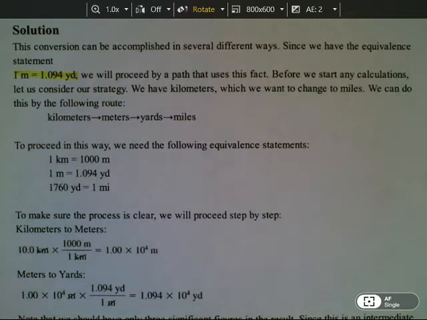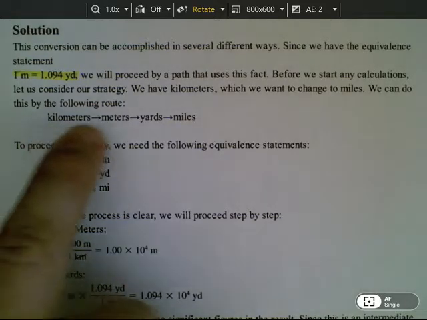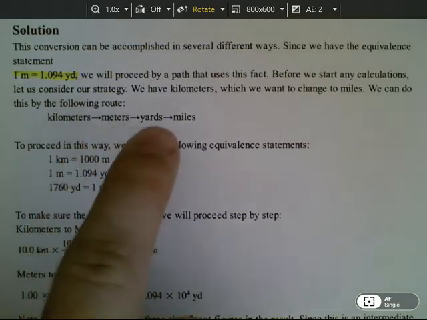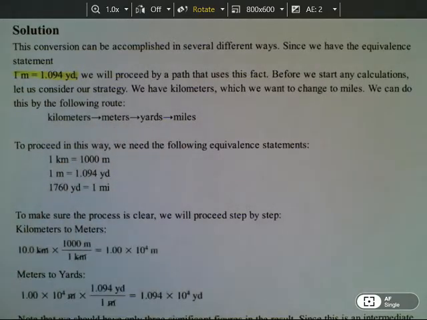We can change kilometers into miles, again using another statement of equality given by your textbook, through the following route. We're going to convert kilometers into meters, and then meters into yards, and then yards into miles. Now that might seem like several steps, might seem very annoying.